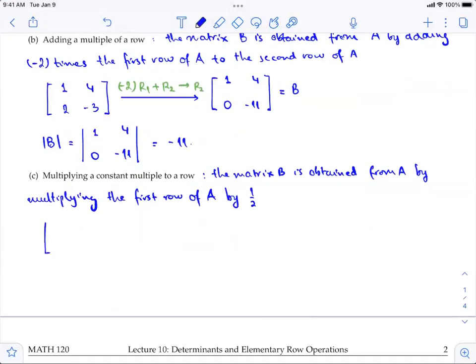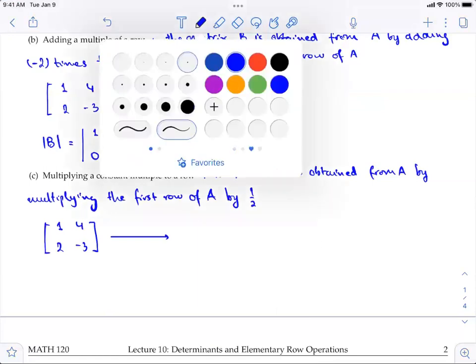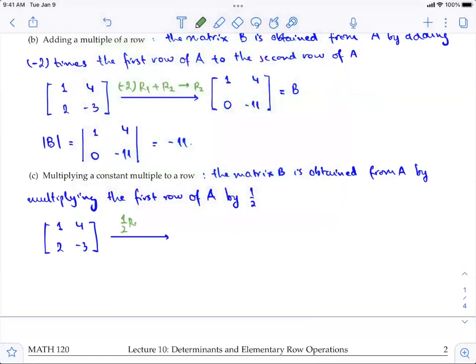So here the matrix A, the original matrix, 1, 4, 2, -3. So you multiply the first row by 1/2. So 1/2 row 1 will give you a new row 1. In this case, row 2 remains the same, 2, -3. So 1/2 times 1 gives me 1/2, and 1/2 times +4 is going to be +2.